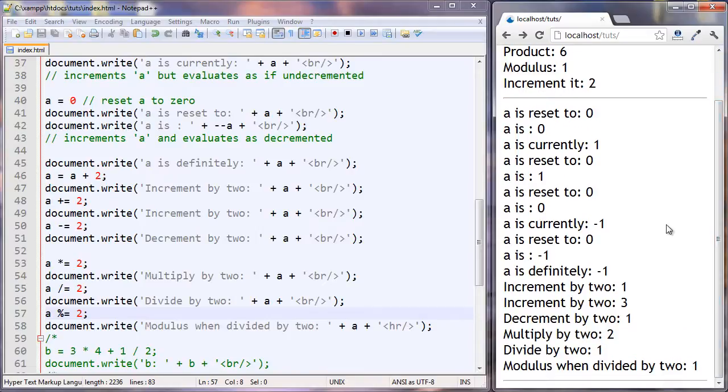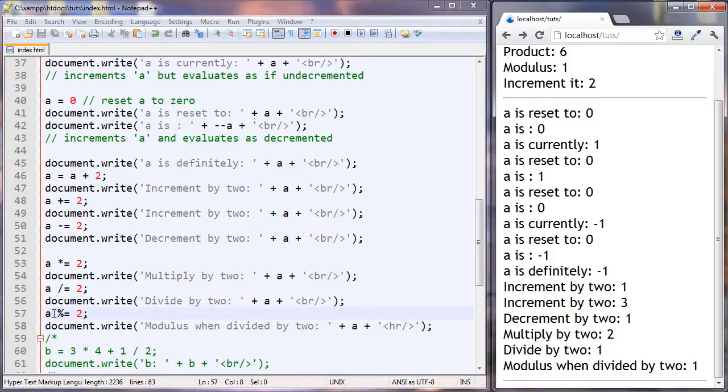Alright, so remember we started out with a 1 after this decrement operation. We multiplied that by 2, and we're getting a 2 here. 2 divided by 2 is 1. And then the modulus, so let's see, what do we do here? Modulus 1 divided by 2.